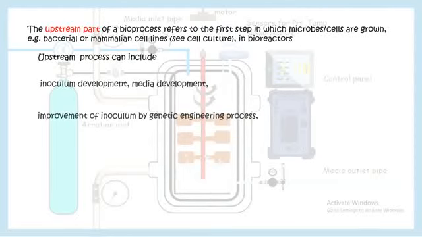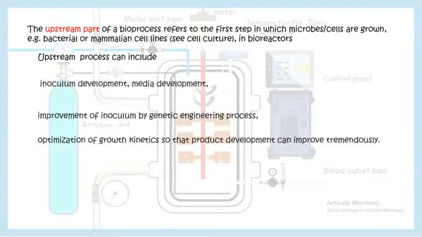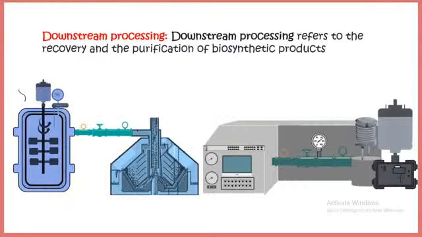So all the molecular biology processes at the initial step, and ultimately optimizing the growth kinetics. You have to come to a growth condition which is faster, cost effective, and very efficient. All of these things are important when you're making a product at industry scale.